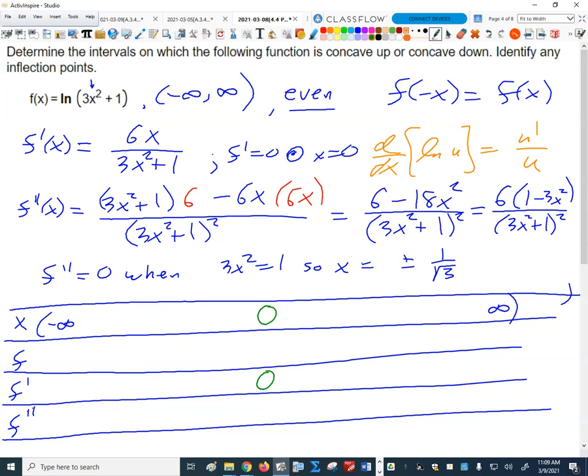We had second derivative zeros at 1 over radical 3 and negative 1 over radical 3. And we know we have to because we have even symmetry too. This thing is going to fold about the y-axis, so I have to get symmetrical parts on the left and right side of my graph. Those were zeros of the second derivative.